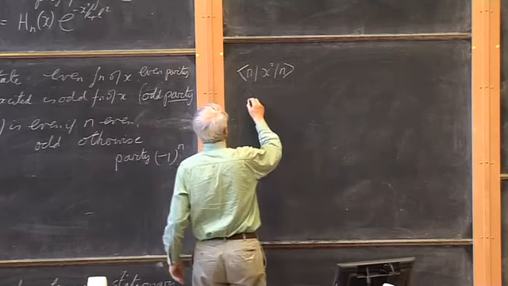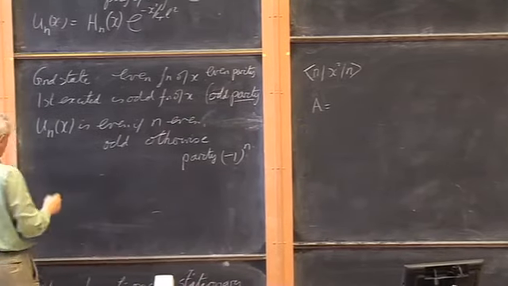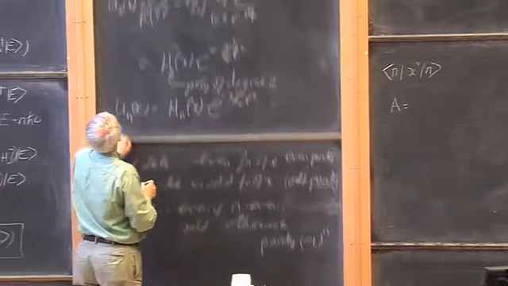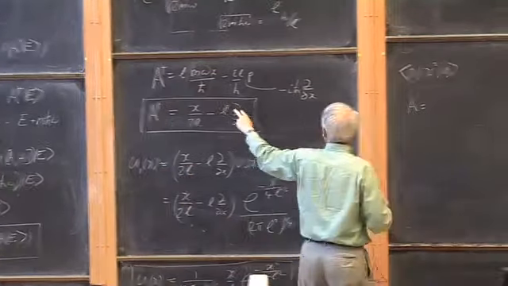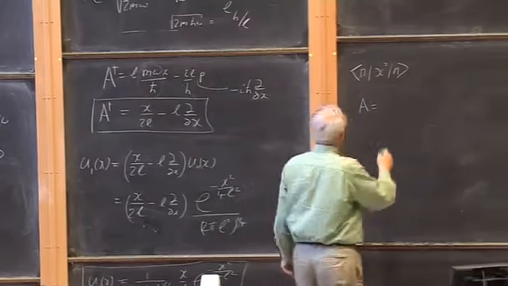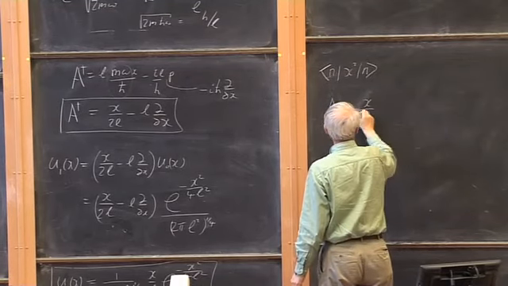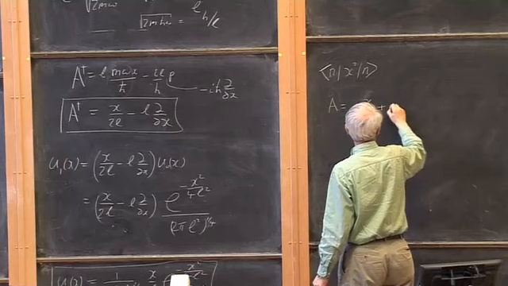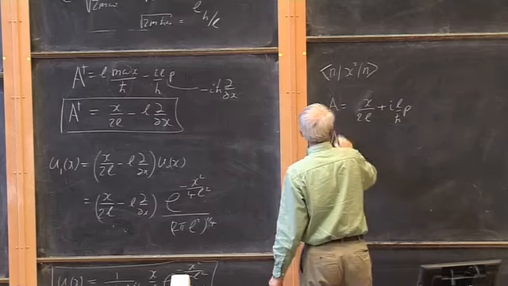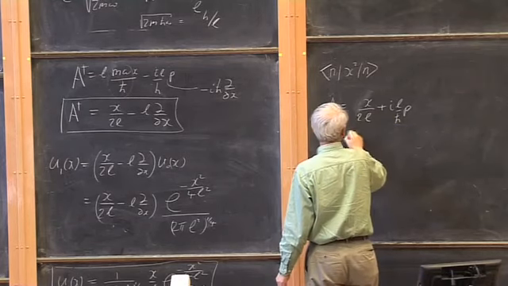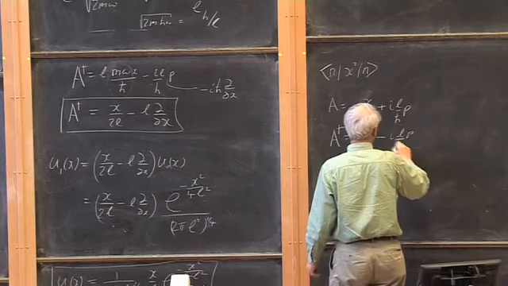What we do is we observe that A, now we had A dagger. We went to some trouble. Here we go. Here is A dagger. A is going to be x over 2L plus iL upon h bar p, and A dagger we got there is x over 2L minus iLp over h bar.